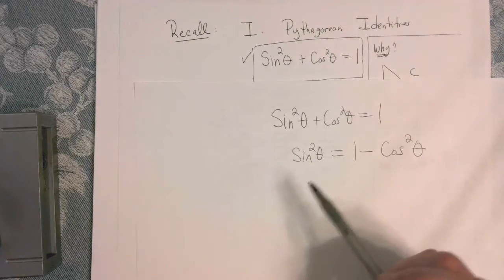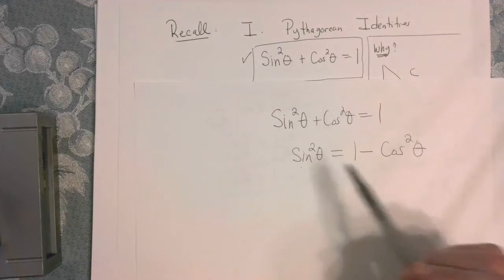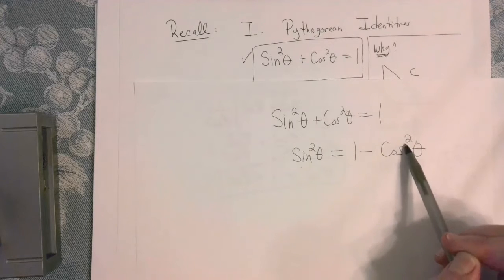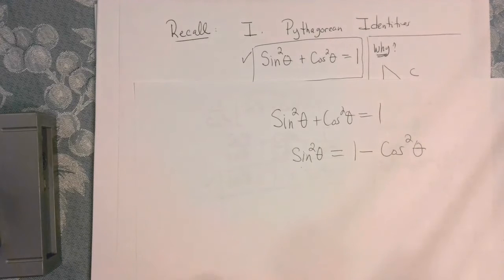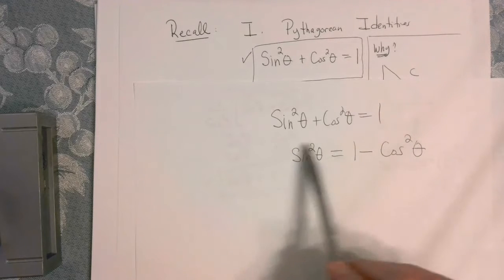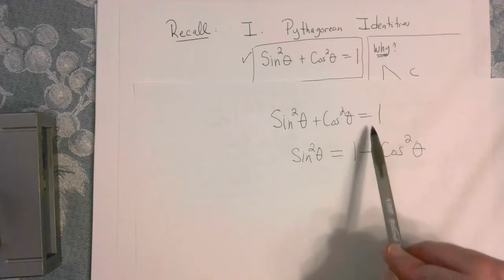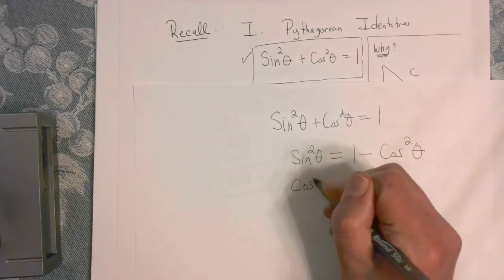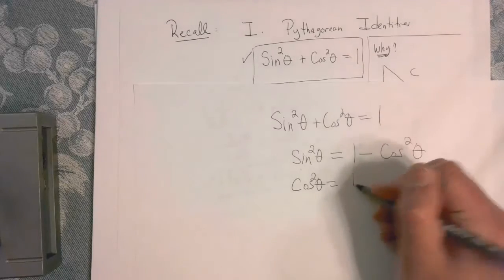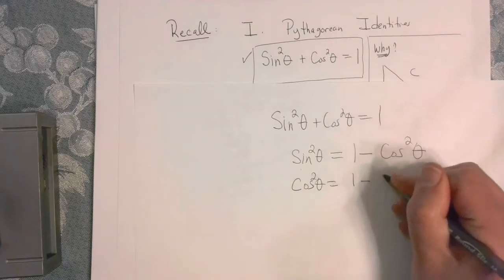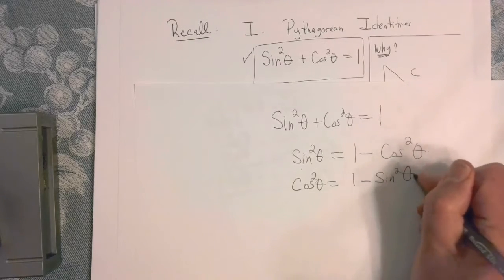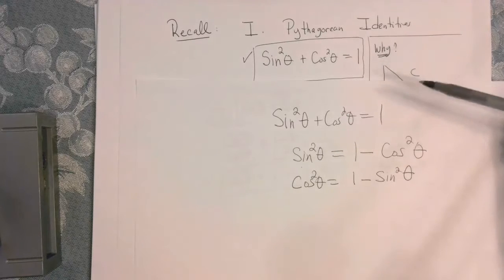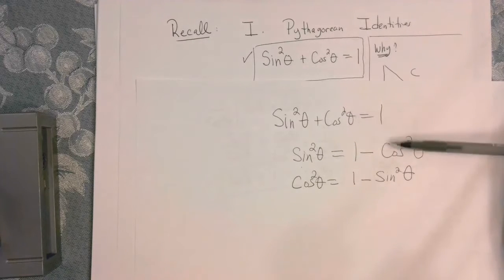So for certain problems, it'll be handy to turn sine squared stuff into 1 minus cosine squared of theta stuff. I could also take this equation and solve algebraically for cosine squared of theta. And that would be 1 minus sine squared of theta. So now you can see what I mean by buy one, get two free.